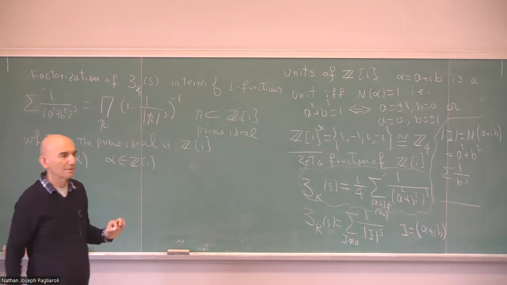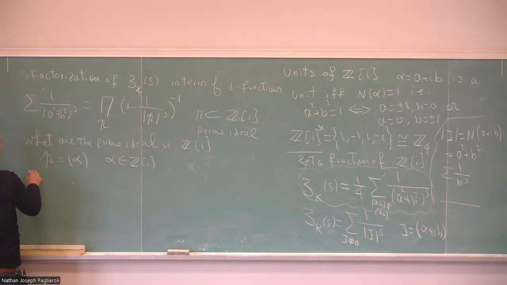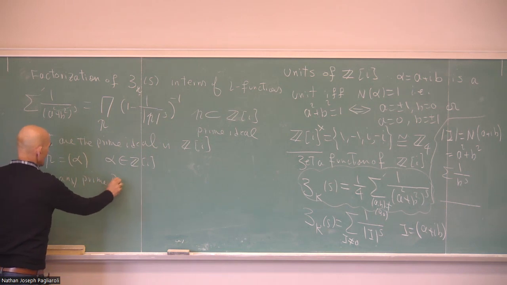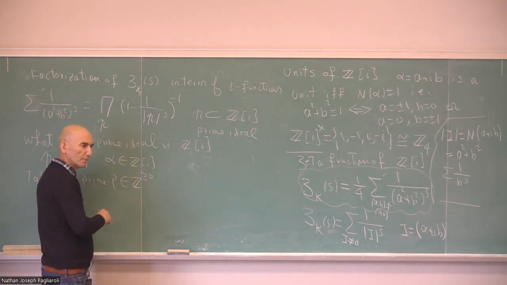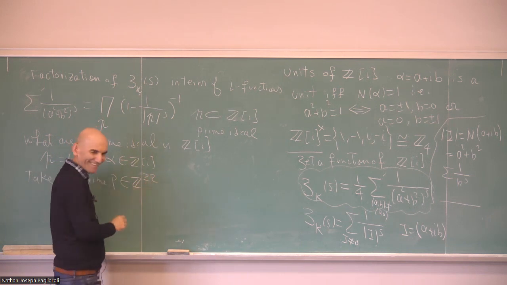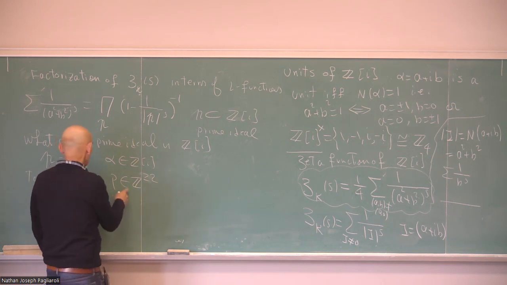So that's the start of the game. So take any prime p belonging to Z, positive. I don't want to look at negative ones.